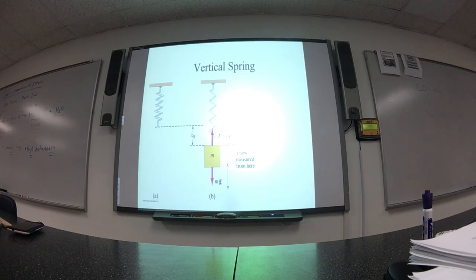It will come to rest at some equilibrium position when what happens? When the weight of the system is equal to the spring force up, then this thing will end up being at rest.